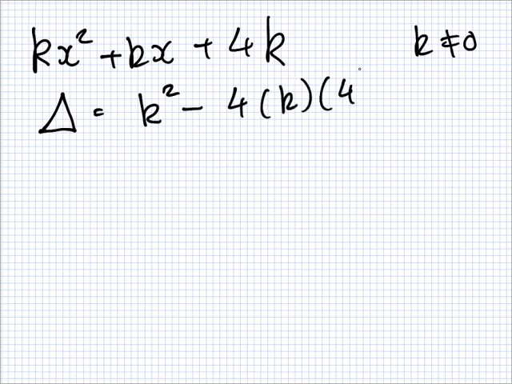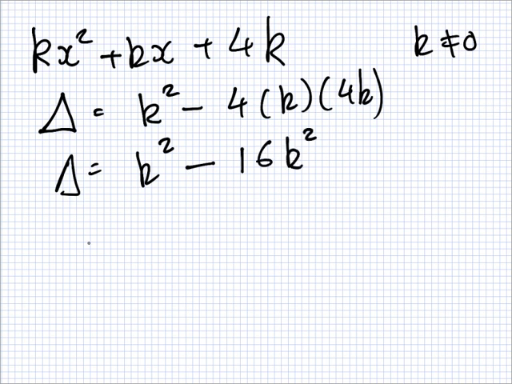So the discriminant is k squared minus 16k squared. What's k squared minus 16k squared? Minus 15k squared. Now, positive, negative, 0, what have we got here?